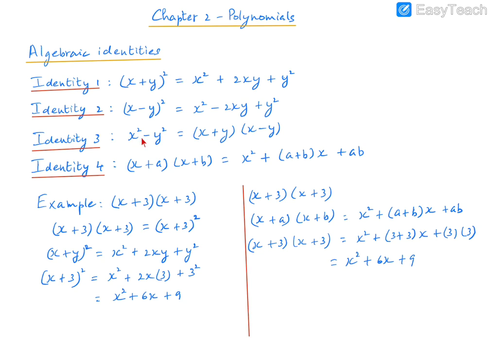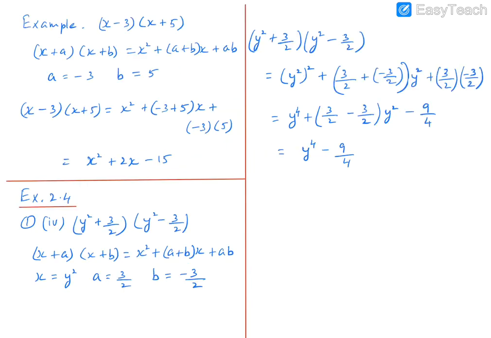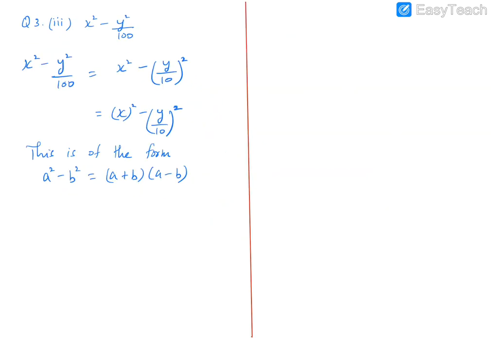So instead of x and y, I have written it as a square minus b square, which is a plus b into a minus b. So a square minus b square is a plus b into a minus b. In place of a we have x, and in place of b we have y over 10. So a equals x and b equals y over 10.